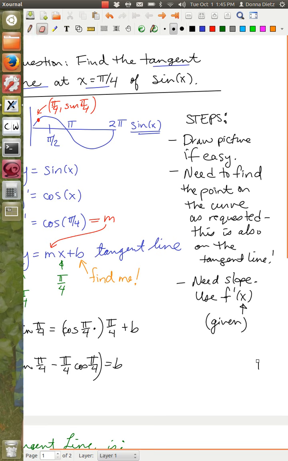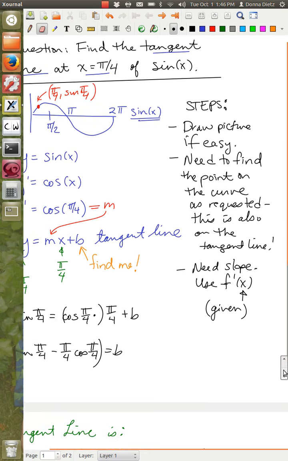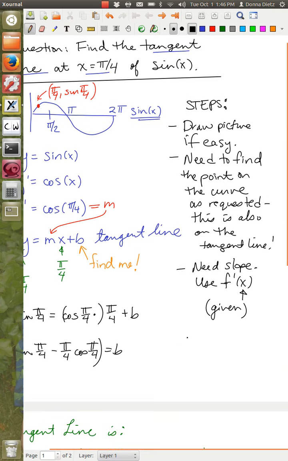Then you have the slope and the point, and then you do the same thing that you would do in regular old algebra. y equals mx plus b. The slope goes in here, right on m.